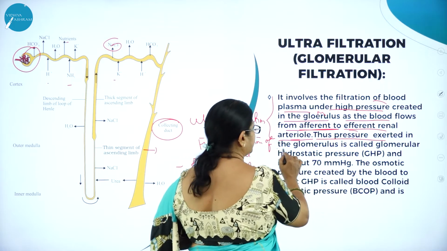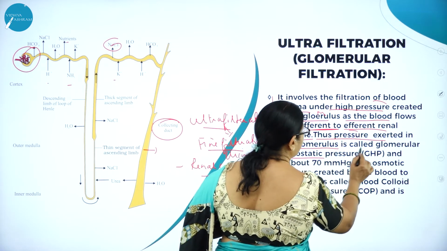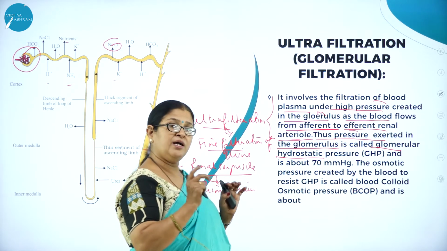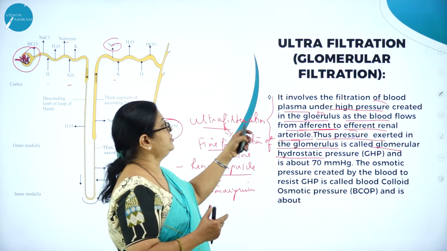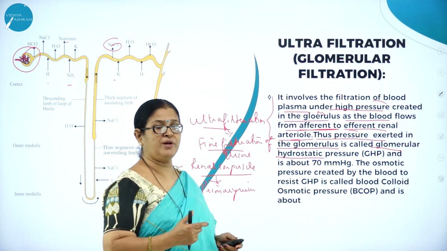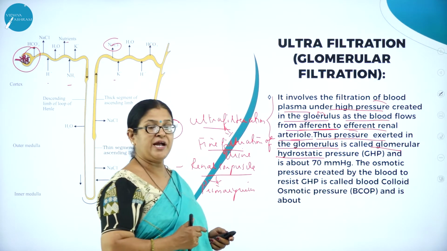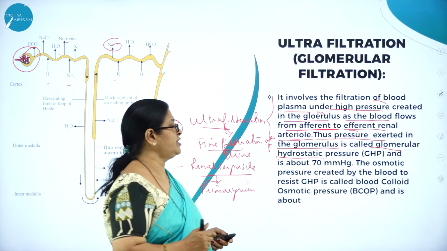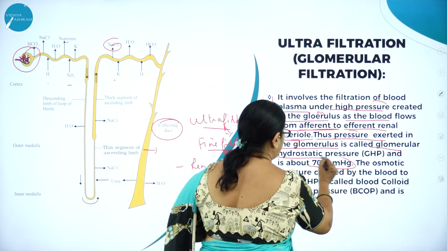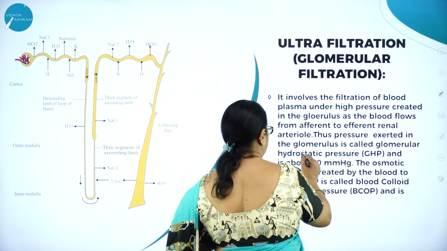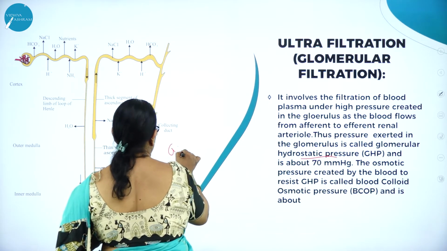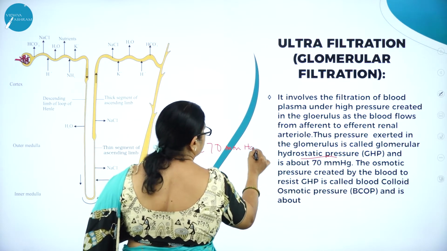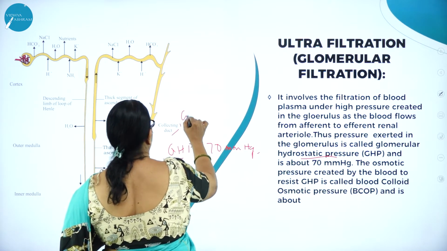Thus, the pressure exerted in the glomerulus is called glomerular hydrostatic pressure. The pressure exerted in the tuft of blood capillaries is called glomerular hydrostatic pressure, GHP for short, and it is about 70 mmHg. So GHP is equal to 70 mmHg.